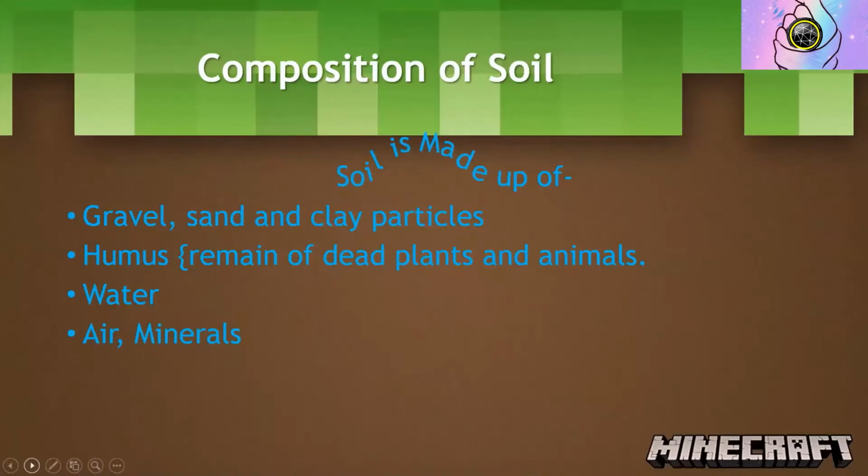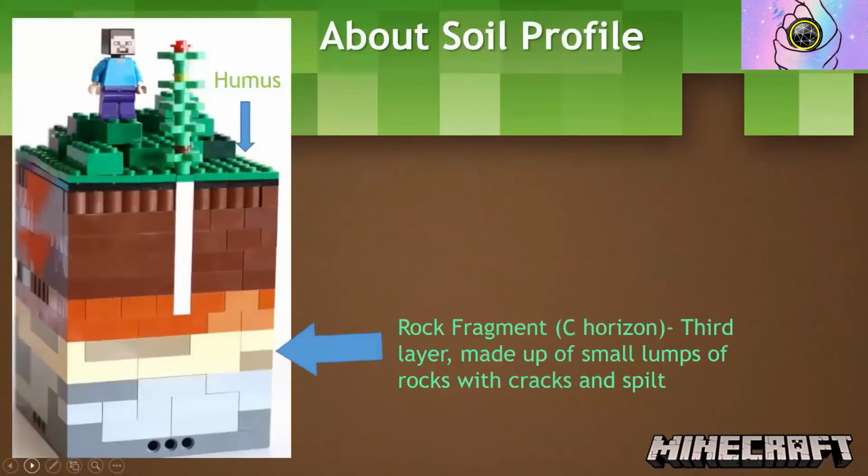Composition of soil. Soil is made up of gravel, sand, and clay particles, humus from the remains of dead animals and plants, water, air, and minerals. About the soil profile. There are mainly 4 parts in the soil profile. The first one is humus.